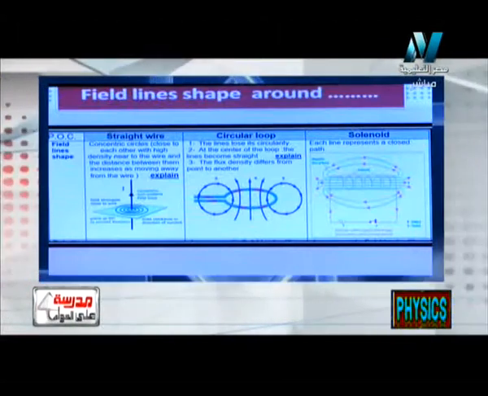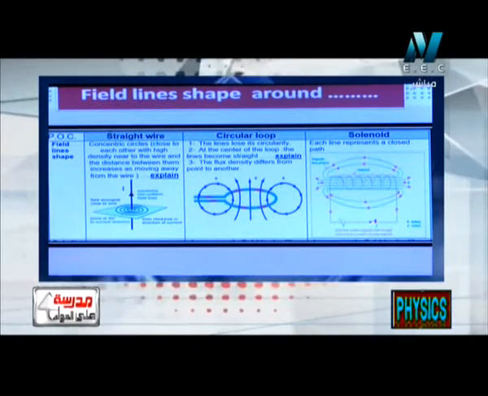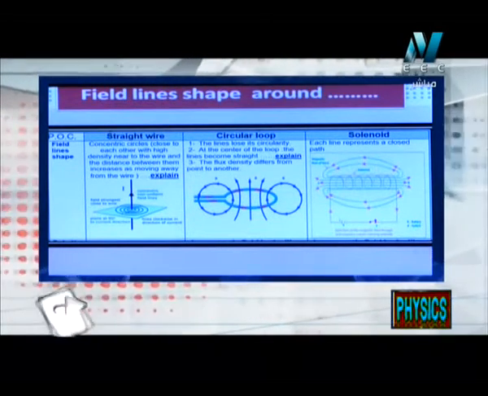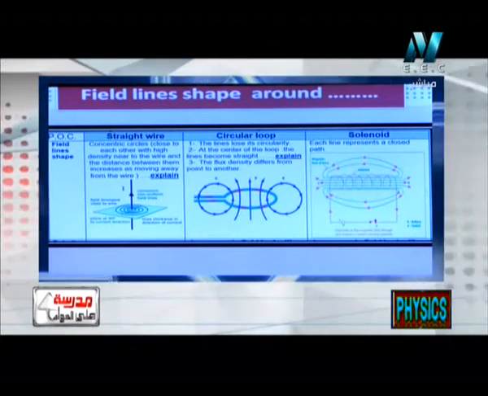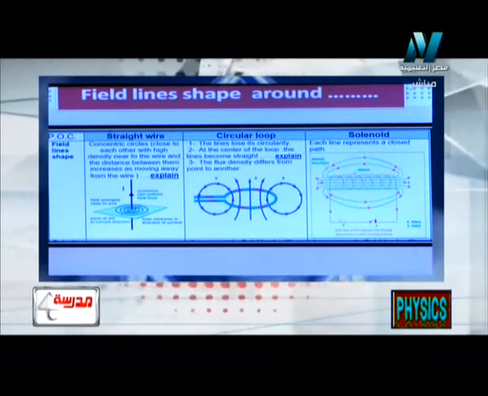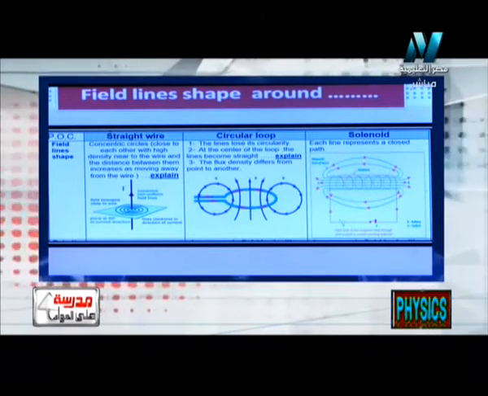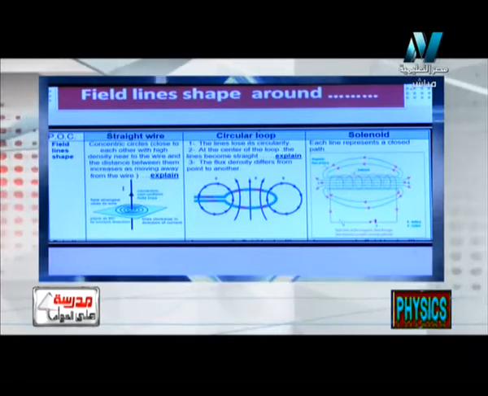So it is very important to build our homes away from wires carrying currents. The second column is about the magnetic field lines, or magnetic flux lines, that are generated around a circular loop carrying a current. We can see here that the lines lose their circularity at the center of the loop.